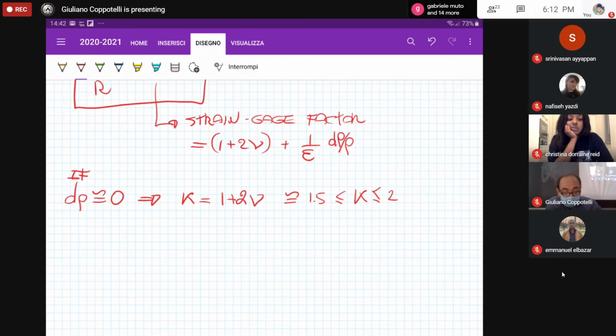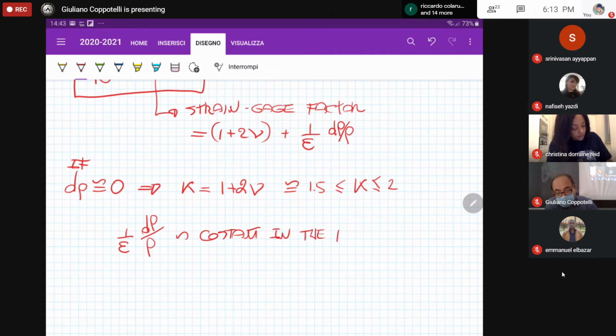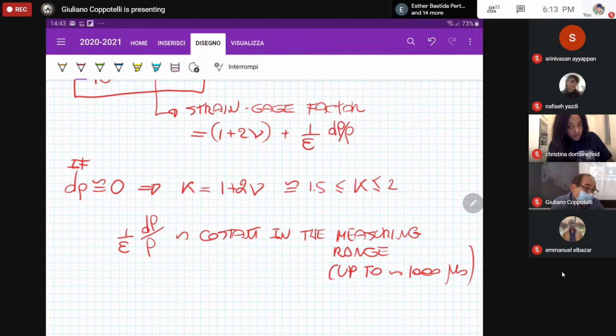However, in real life, this change of resistivity is not constant at all. So we have to consider this contribution, 1 over epsilon. We are lucky because this term is practically constant in the measuring range up to about 1000 microstrain.